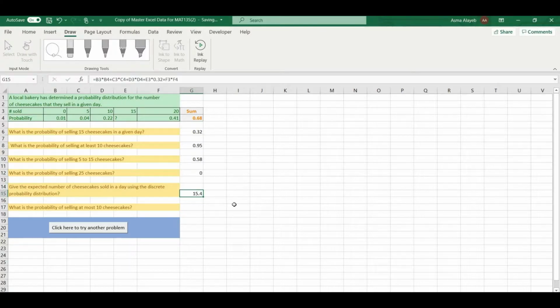So the expected number of cheesecakes sold in a day using this discrete probability distribution is 15 cheesecakes.